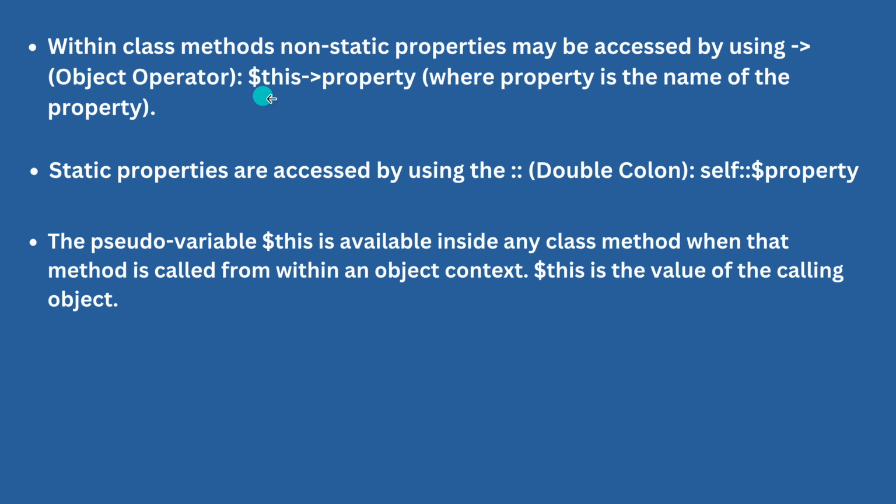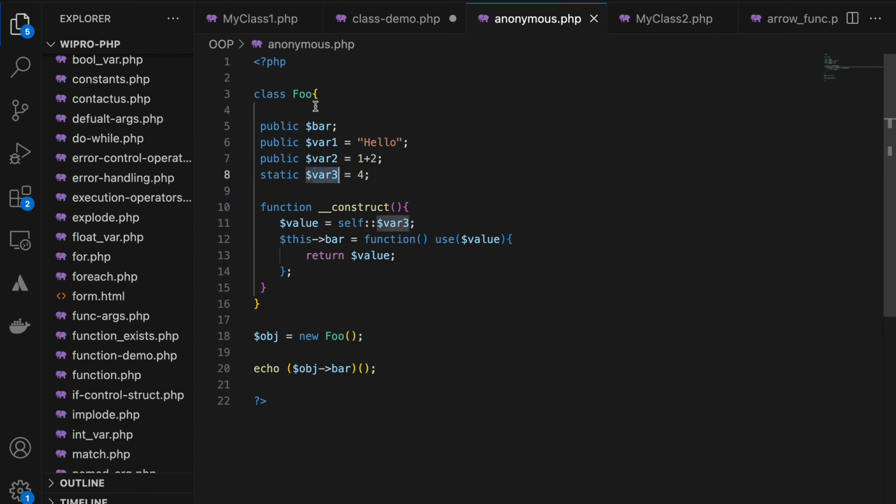Within a class, if you are trying to access any of the properties, and this is combinedly known as the class, and even if you try to access it in this function, you are still within the class. So if you want to access any of the non-static properties, you will always use $this.